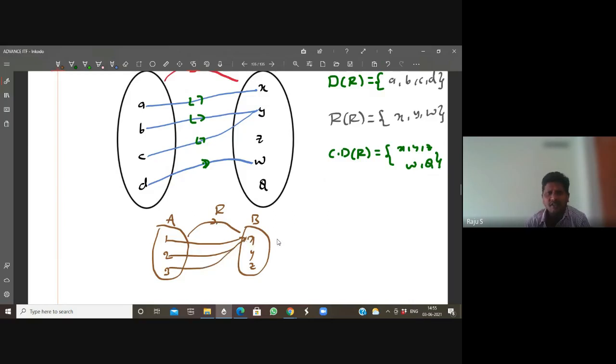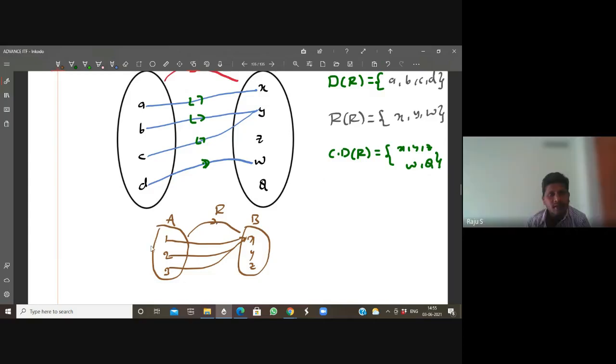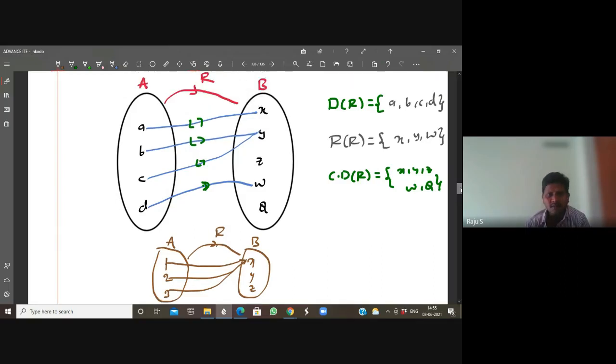Is it a function? It is a relation because every element has an image. So is it a function? Yes, sir. How many images does 1 have? Only one. Two, one. I'm giving the best idea to check whether it is a function or not. Just remember that.